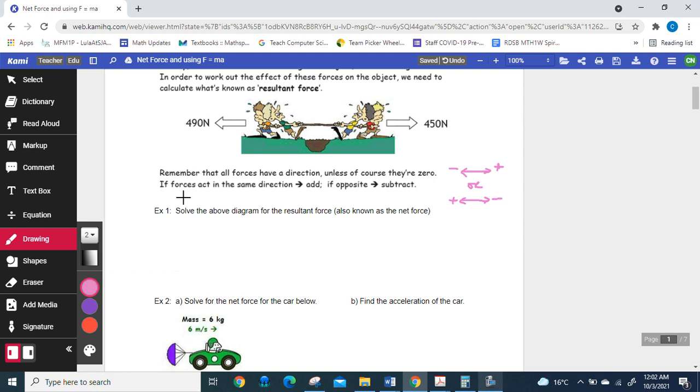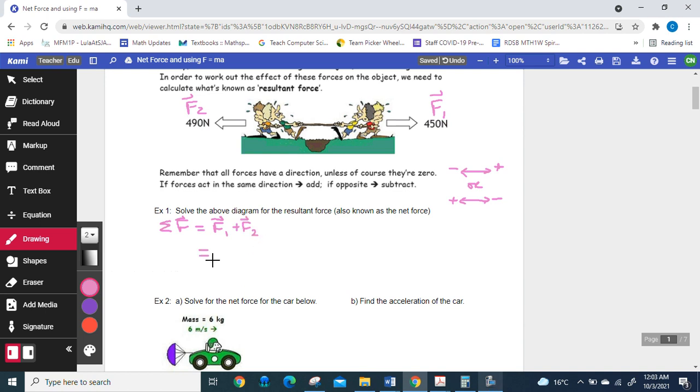Okay, so let's solve the above diagram for the resultant force, also known as the net force. So we're going to say, all right, well, let's call this one force 1, and we're going to call this one force 2. So when I talk about the sum of my forces, and I'm talking about them in terms of the vector, I want to add these vectors together.